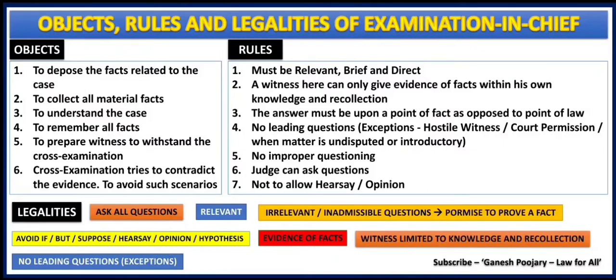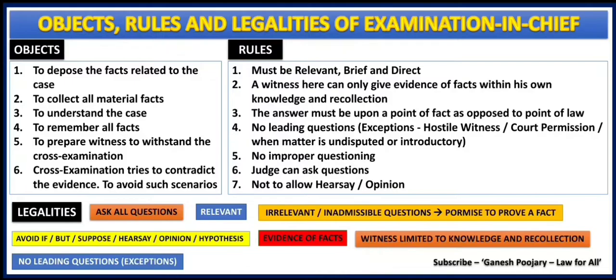The first one is to depose the facts related to the case. Now, the examination in chief, the first object is to bring all the facts related to the case. So that's the first object, and to collect all material facts. Here, the examination in chief should ensure that all the material facts were brought into picture. It also helps to understand the case. That is the third object.